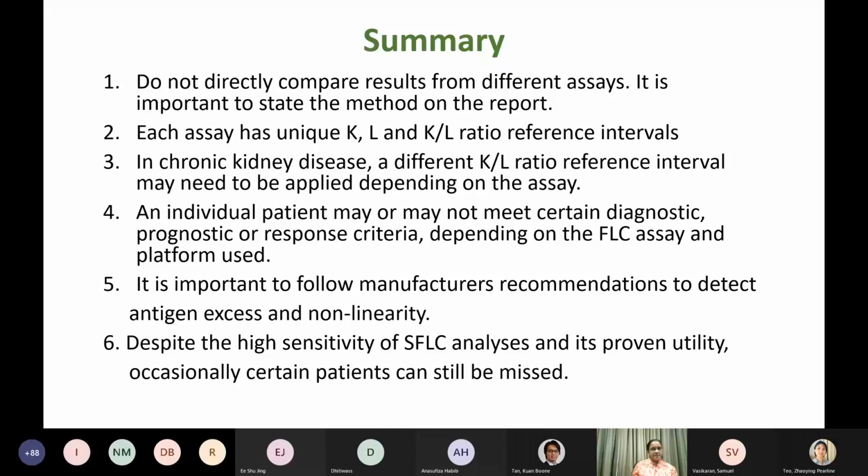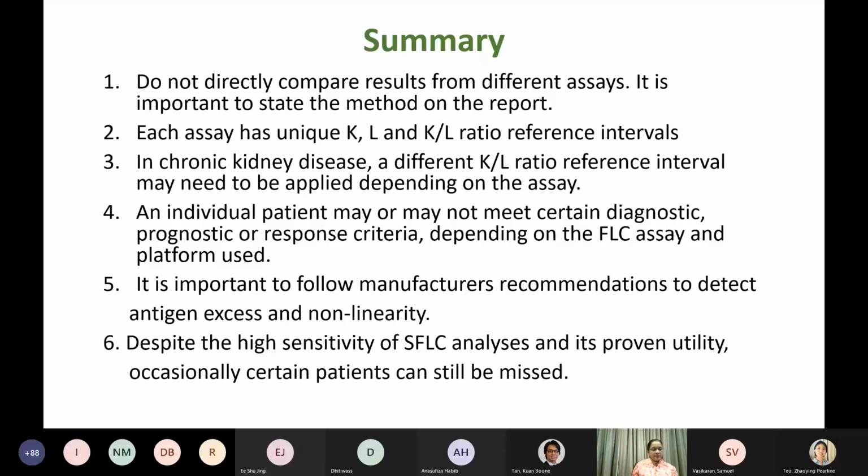Otherwise, clinicians just compare results from one lab with the results from another lab. Each assay has different reference intervals, so depending on the assay, you may need to use different reference intervals for kidney disease patients. An individual patient may or may not meet certain diagnostic, prognostic, or response criteria, depending again on the assay and platform used.